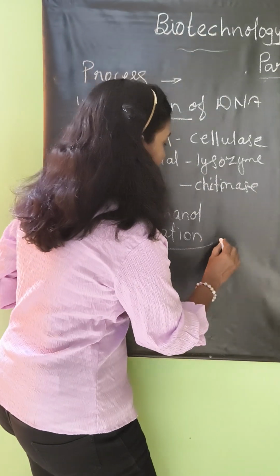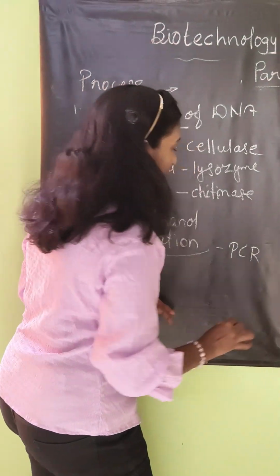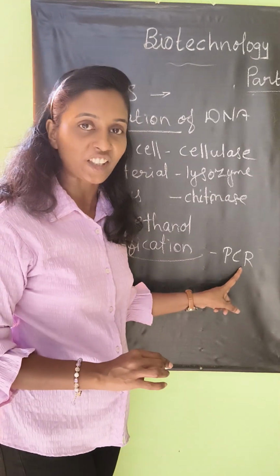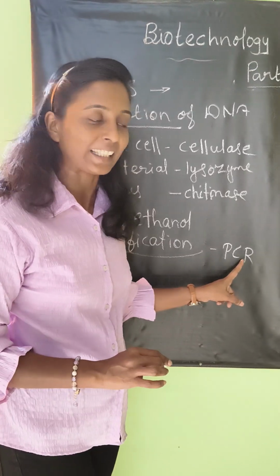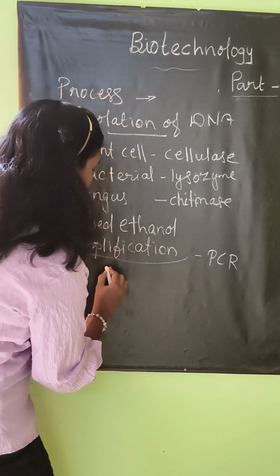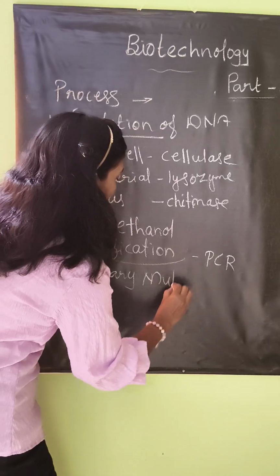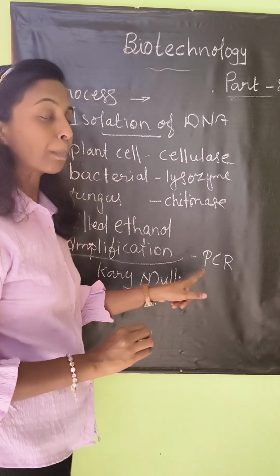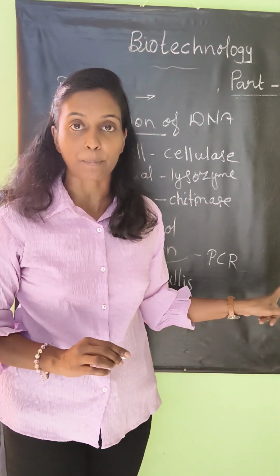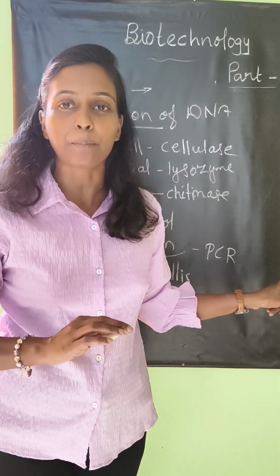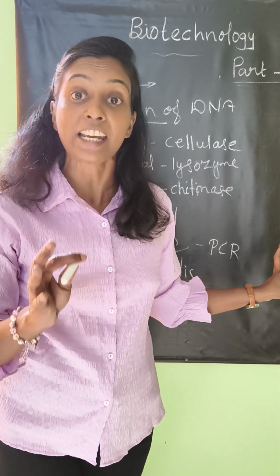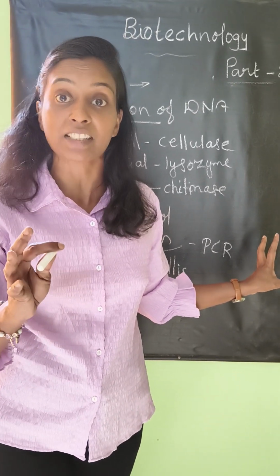It is called PCR. PCR means polymerase chain reaction. It was developed by one of the scientists, Kary Mullis. So PCR was developed by Kary Mullis. By the help of PCR, we will get billions of copies of DNA, our gene of interest.